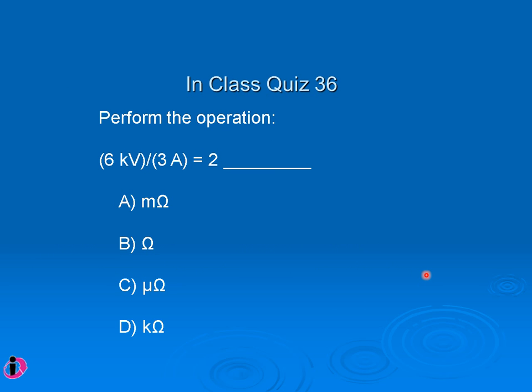Now remember, volt by amps means ohm. So 6 kilovolt over 3 amps, volt by amps means ohm. Those are just units, but kilo will remain the same. So that becomes 2 kilo ohm.